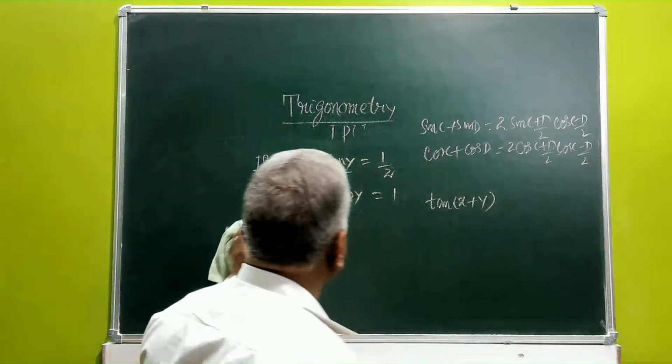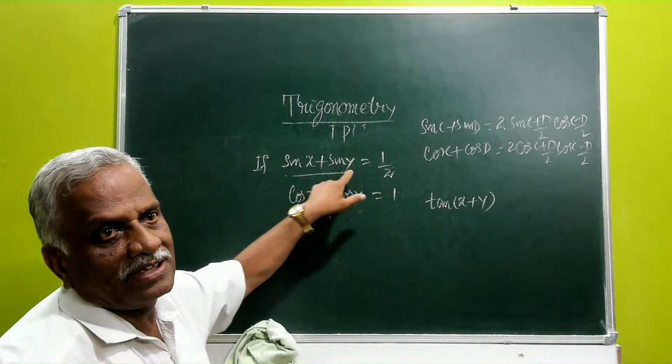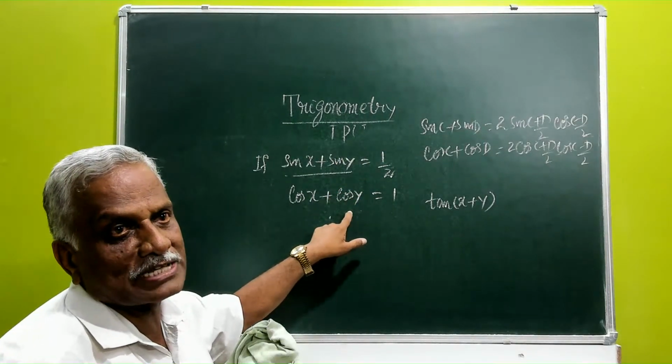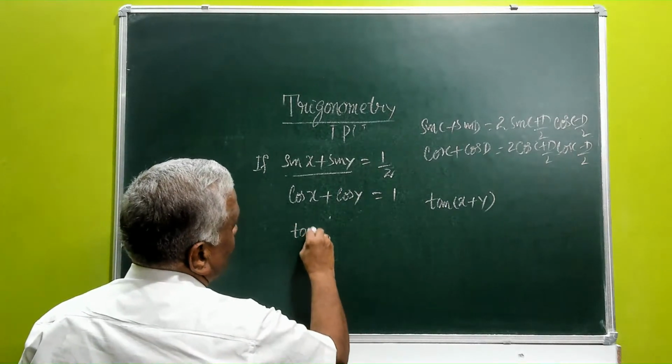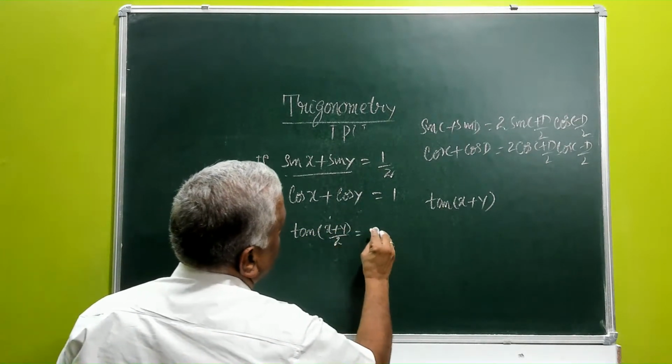So if you remember the formula orally, you are going to get 2 sin (x plus y) by 2 and cos (x minus y) by 2. Here also you are going to get cos (x minus y) by 2. 2 and 2 will cancel. You are going to get tan of (x plus y) by 2, that is equal to 1 by 2.